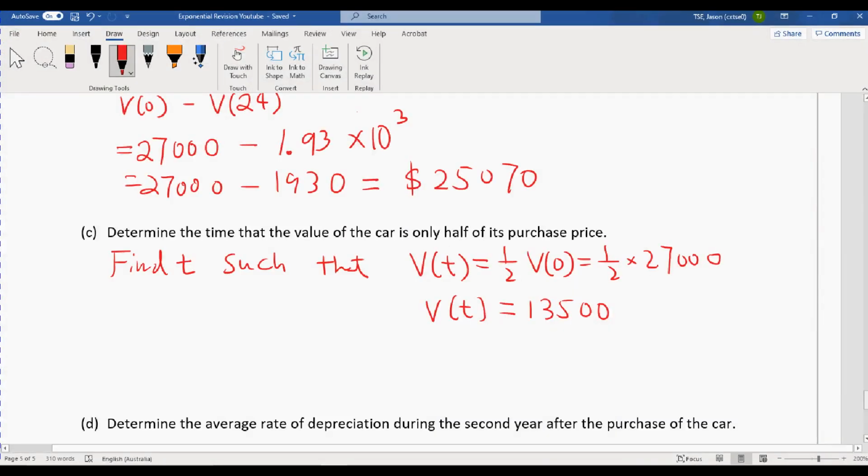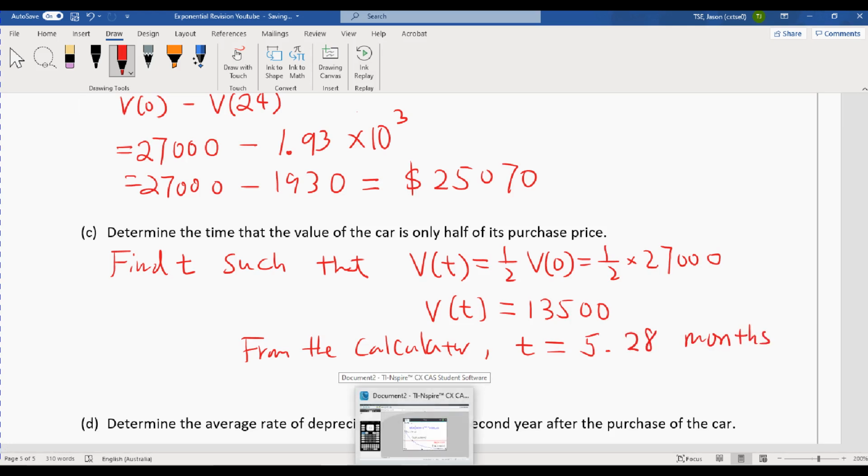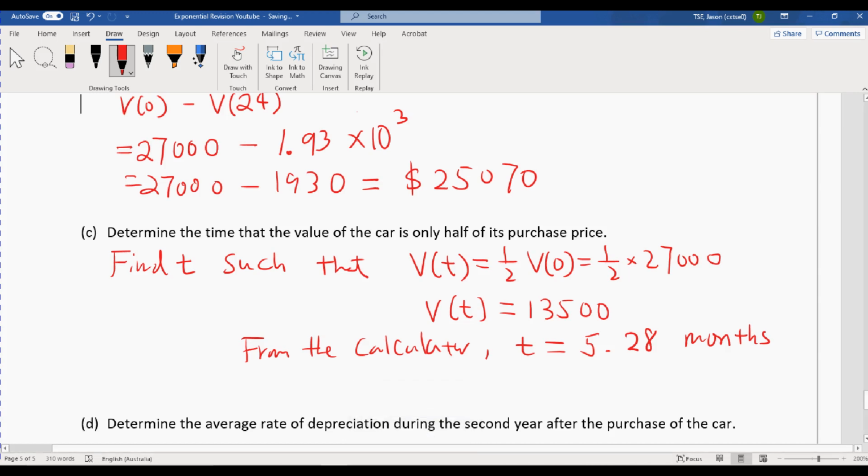From the calculator, we just see t equals 5.28. Remember, this is months. So that means after 5.28 months, the price for the car will be half of its initial value.